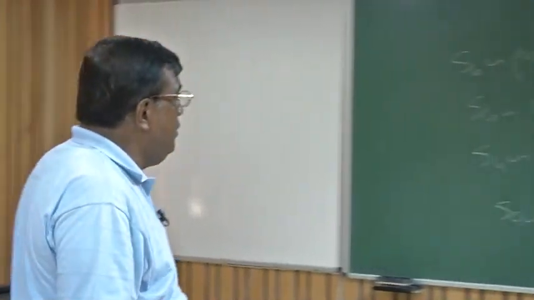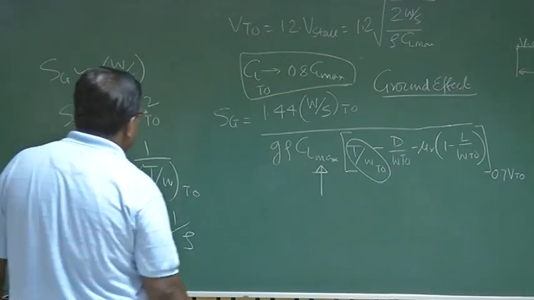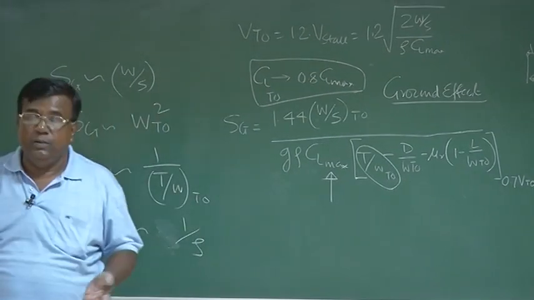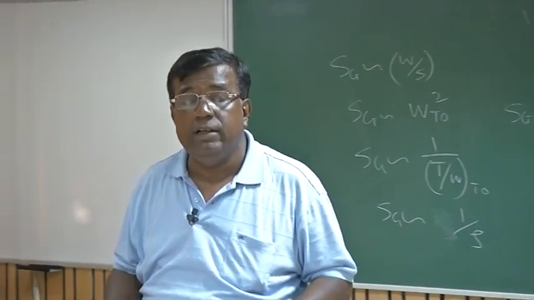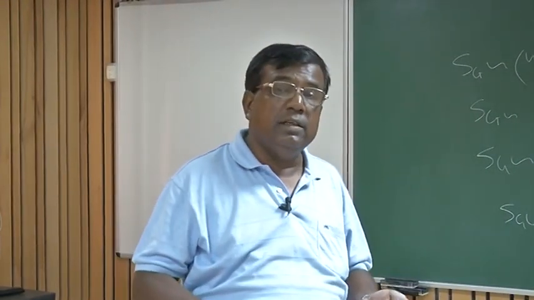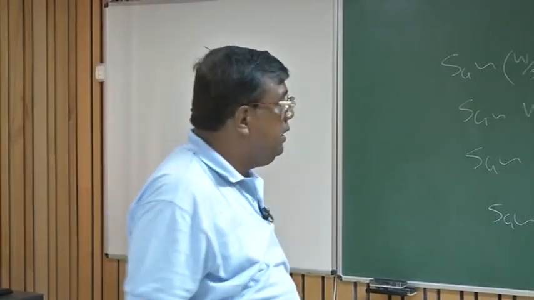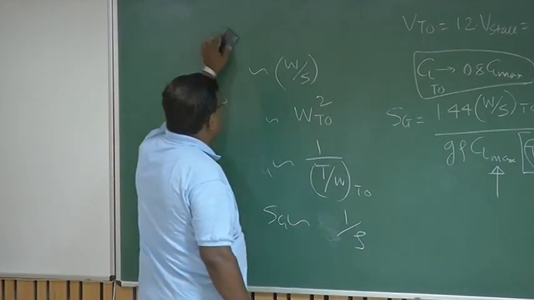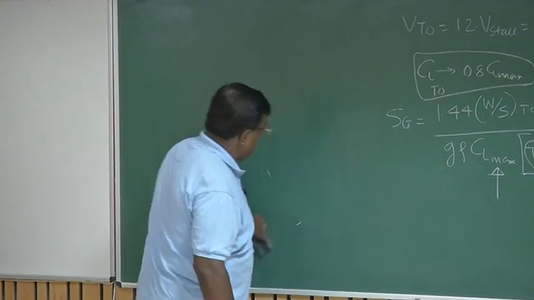Okay, it's extremely important. Also, you understand from here that density not only changes with altitude, density also changes with whether it is a winter season or a summer season. Okay, so let us see for winter and summer season how SG will get affected.